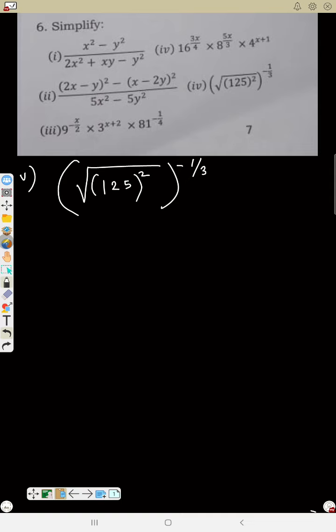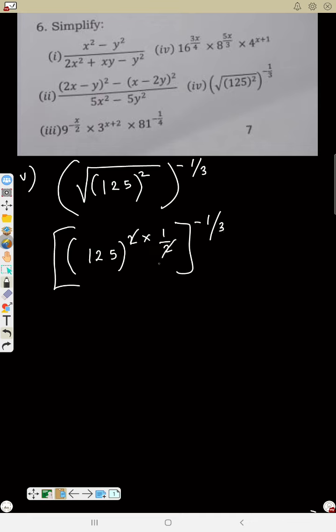You should know that if I have the square root of a square, they will cancel out, because square root is power half. So if I want to show that here, this is the same thing as 125 square times 1 over 2. So this square root will turn to 1 over 2, then everything raised to power minus 1 over 3, so that this will cancel out. It will remain 125 raised to power minus 1 over 3.